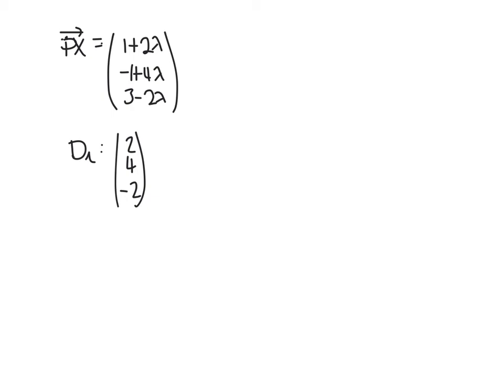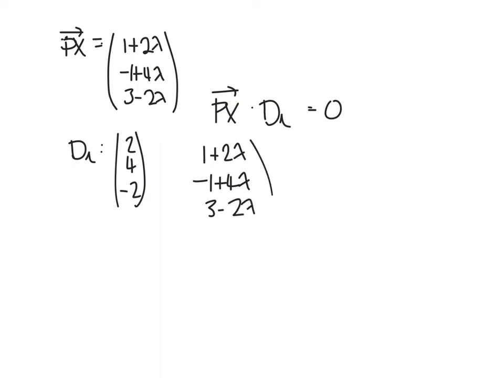So we're going to use this idea that the shortest distance is the one which is perpendicular to calculate a value of lambda. So we know that px dotted with the direction vector of the line must equal 0. And we can do the dot product then between these two vectors. Now notice this will give us an equation in terms of lambda, which means we can solve for the value of lambda, i.e. find the specific location of the point x.